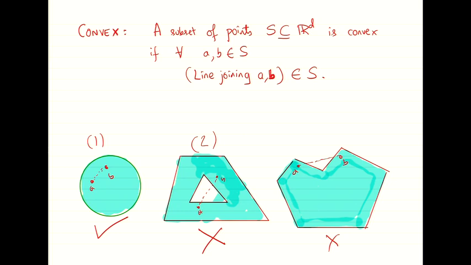A set of points is convex if every line joining every pair of them is inside the set. So the feasible region of a linear program is a convex polygon or a convex polyhedron. And this is important because in general, minimizing convex functions on convex sets is easy.